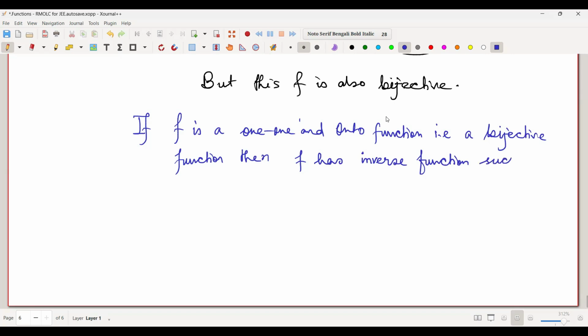Such that, with the property, the inverse function is unique.